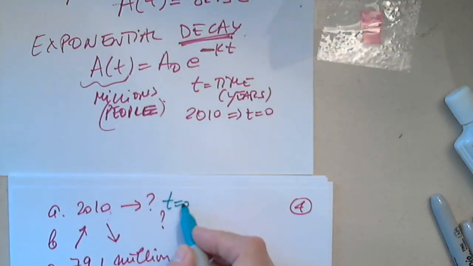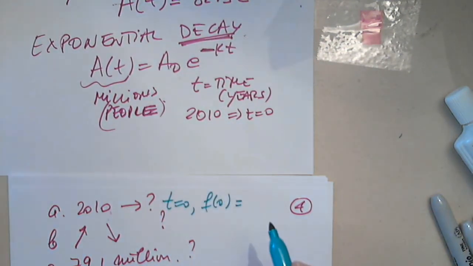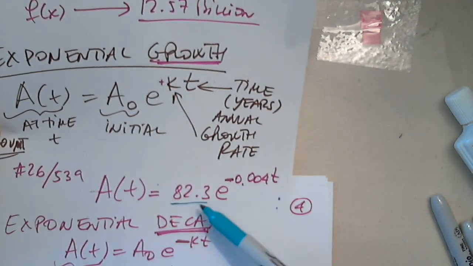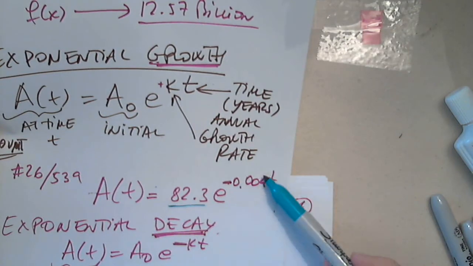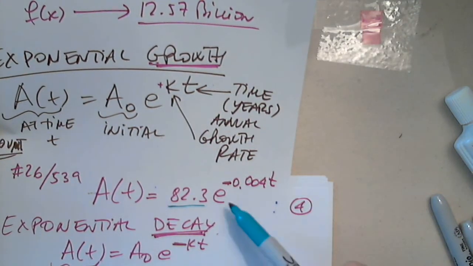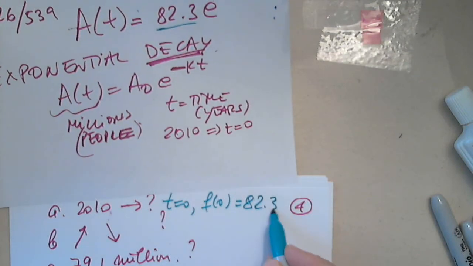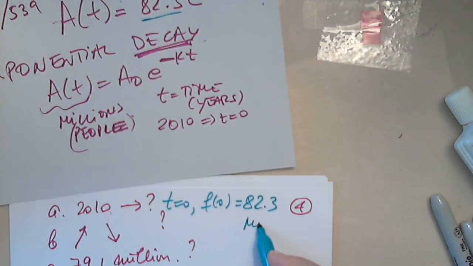So when t is 0, f of 0, very simple, it must be the initial, because 0 times a negative number is still 0, e to 0 will be 1, so this is the starting point, 82.3 million.